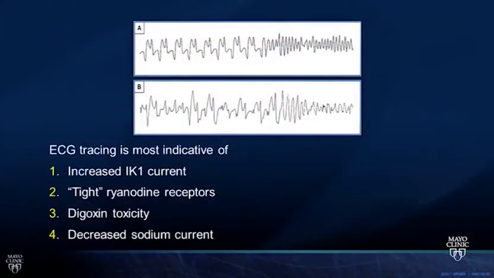The other two choices are just the teasers. Choice one, increased IK1 current, that's short QT syndrome, so who cares. And decreased sodium current, you already told me that's Brugada syndrome, or at least the most common genetic subtype of Brugada syndrome. Excellent. All right, so the next question.